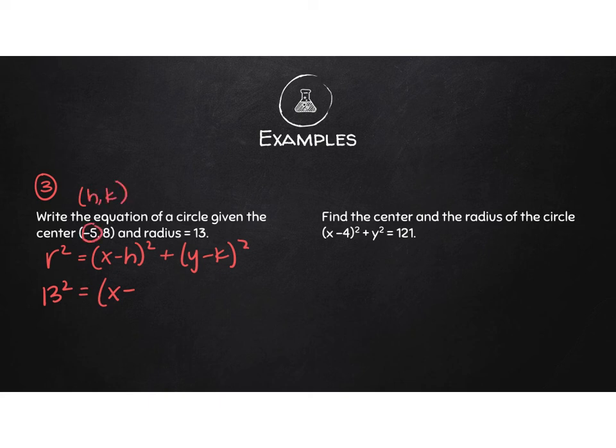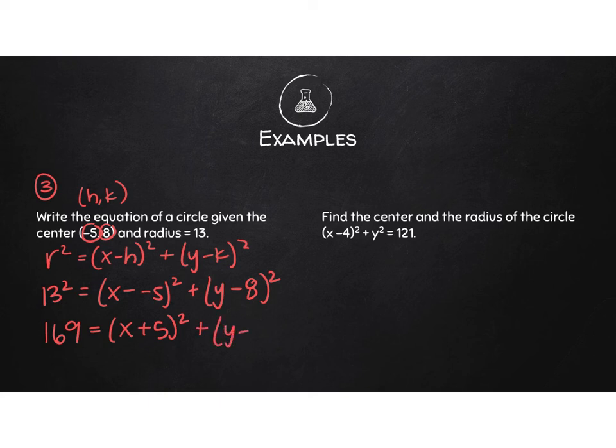So we have x minus negative 5 squared plus y minus k, k is 8, squared. Now we do need to simplify. So 13 squared is 169 equals, we don't like to have two symbols, minus a negative. That's the same thing as x plus 5 squared plus y minus 8 squared. And that would be our final equation.